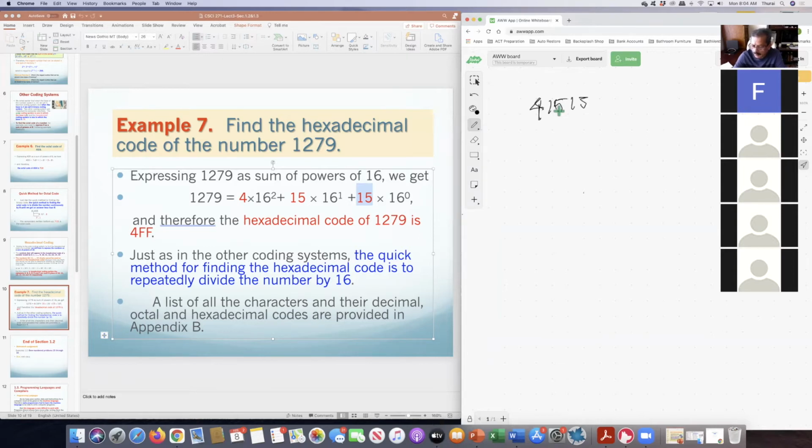And someone reading it would interpret this 5 as 5 times 16 to the 0, and then this 1 as 1 times 16 to the power 1, which is wrong. It's actually 4, 15, 15, not 4, 1, 5, 1, 5. So when you have double-digit numbers like that, it'll be unclear for anyone reading it. So therefore, we had to use some different method.